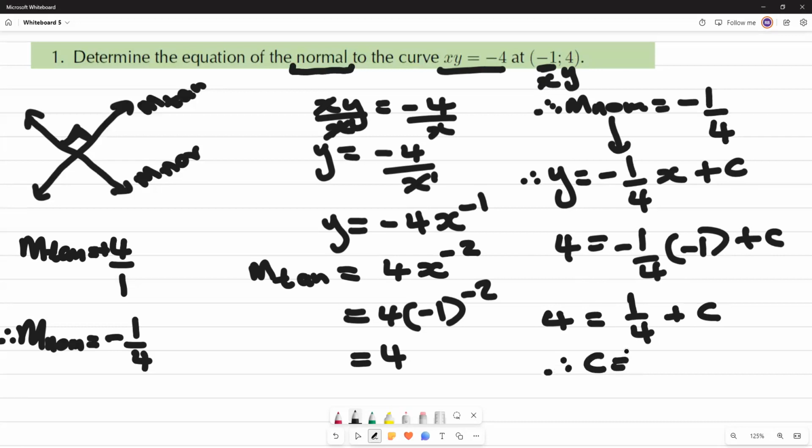Therefore, what is 4 minus 1 over 4? Let's see. That gives us 15 over 4. Therefore, y equals -1 over 4 x + 15 over 4. And that is the equation of your normal line.